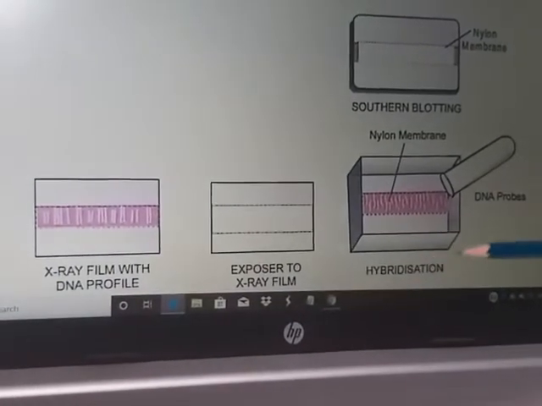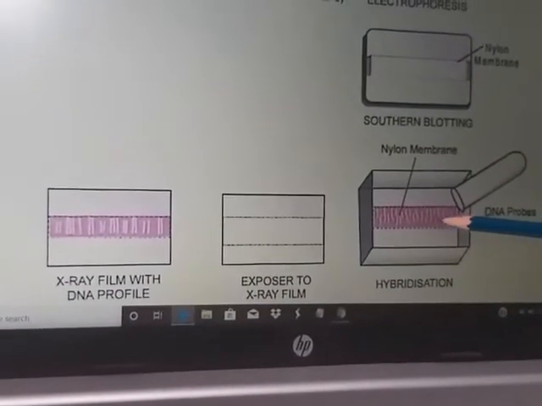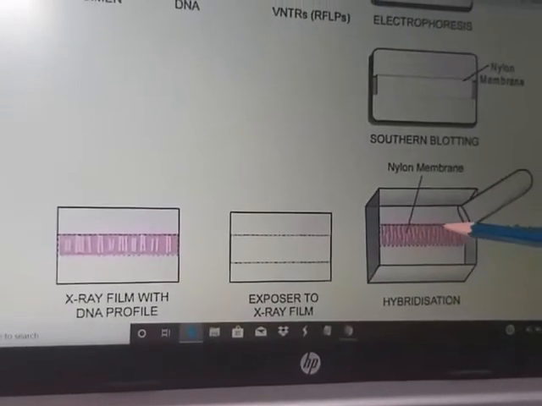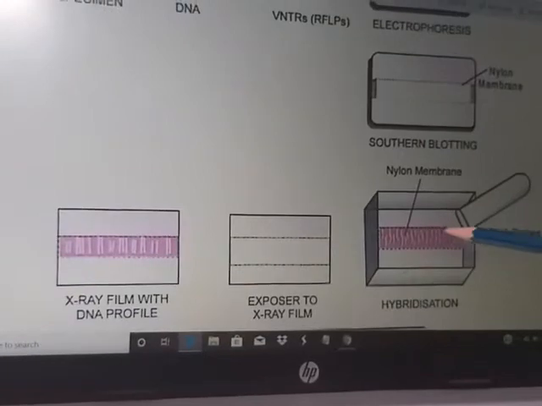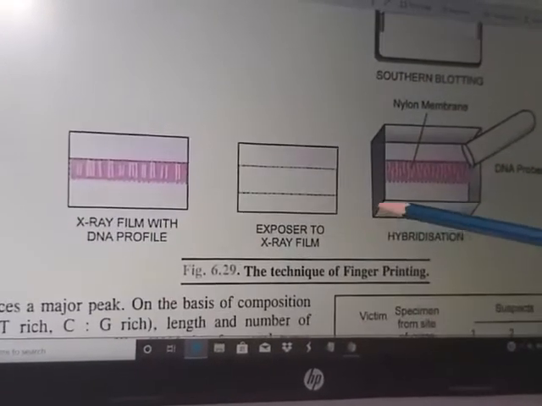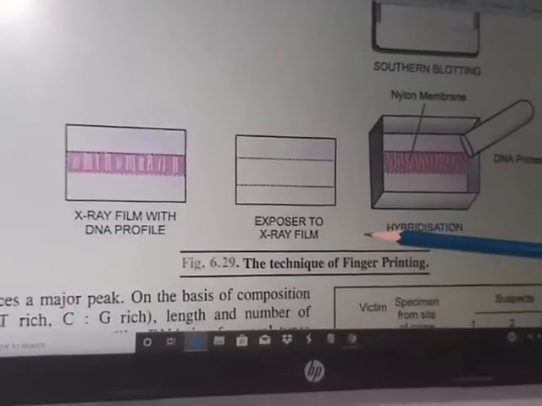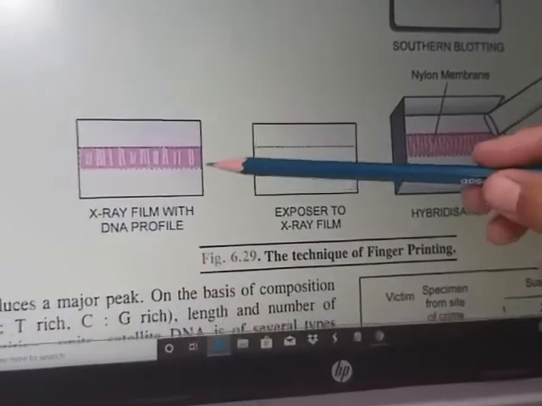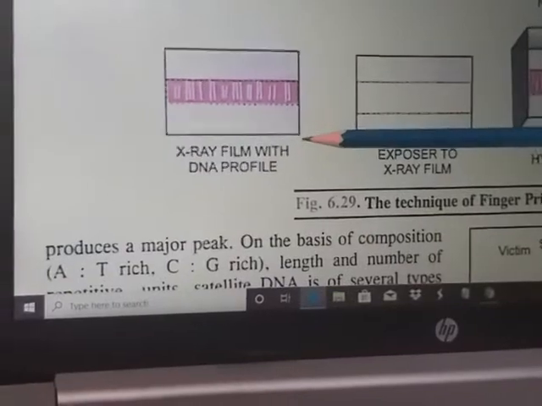We use the word hybridization because the complementary DNA or the double stranded DNA will be rebuilt. Now how to see them? They are exposed to X-ray film, otherwise we cannot see. We can see the bands.